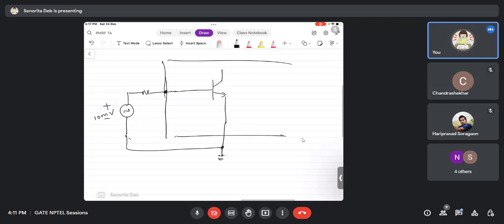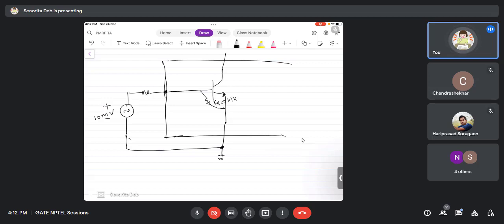Now you say, ma'am, let us connect an impedance here. Okay, fine. So this is R pi, which is the inherent input impedance of the BJT, that is always there. So let us say R pi is 1.1 k.